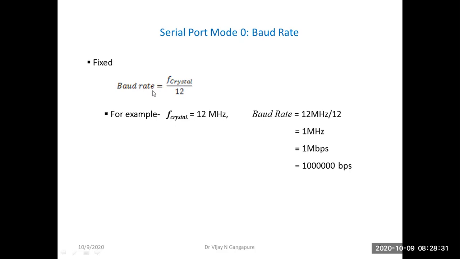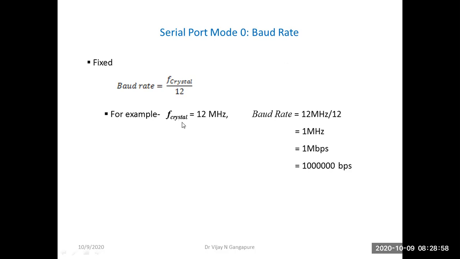That is the rate with which data will be shifted on the RXD pin or received on the RXD pin. The same frequency clock pulses will be produced on TXD to supply the shift clock to the external circuitry with which the 8051 is serially communicating, transmitting or receiving data.